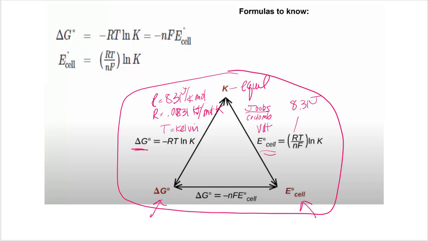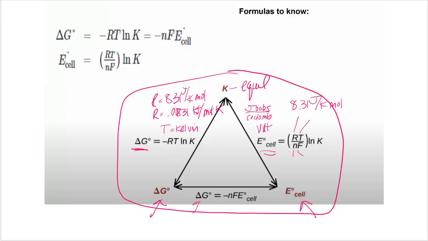We don't want to use the kilojoule. Joules per Kelvin mole. Again, temperature is going to be in Kelvin. Our N is our moles that we just were talking about. Faraday's constant, that will give us the coulombs that we need. And then, of course, the natural log of K.